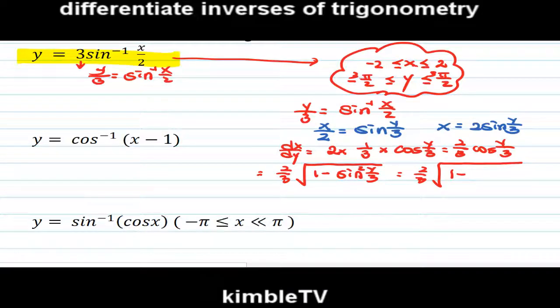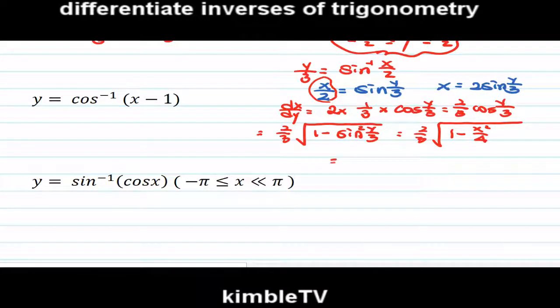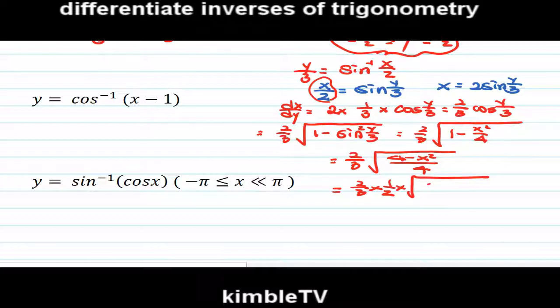Sine squared of y/3 is the same as x squared over 4. Therefore 2/3 root of (4 minus x squared)/4, and then 2/3 times 1/2 times root of 4 minus x squared.